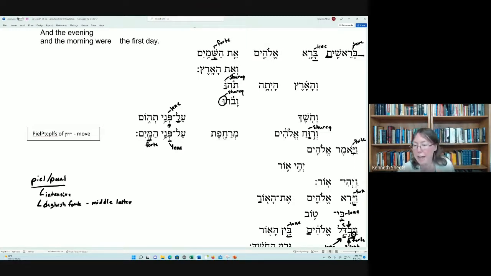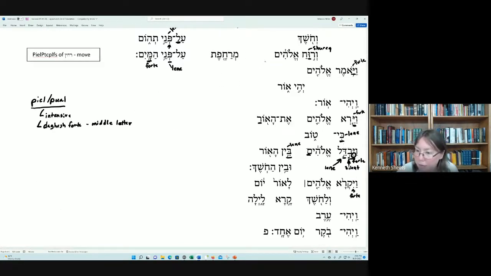And so that is why, say for instance, looking here at the word wayavdel, if I did not understand the difference between the Dagesh lene and the Dagesh forte, I might have seen that particular word here, wayavdel, and have seen that Dagesh in the middle root letter, and I might have thought, oh, well, that is going to be a piel verb. But because this is a lene and not a forte, I know that this cannot be a piel form.